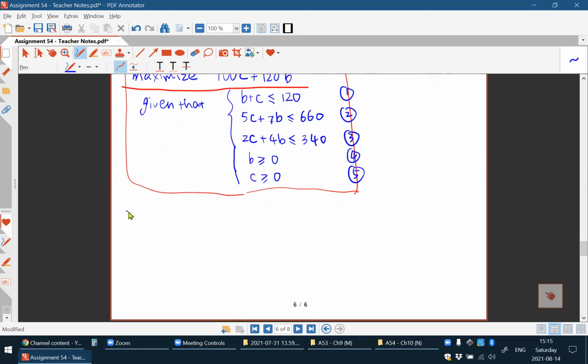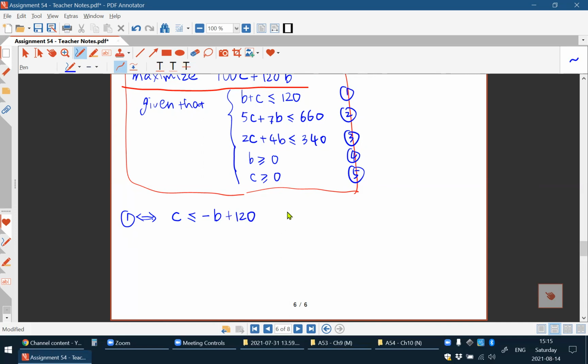Okay, first, the inequality is equivalent to, let's separate B and C, right? Actually, C can be regarded as Y, B is X, or you can change the order. It does not matter, right? So let's say the first inequality is equivalent to C is less than or equal to minus B plus 120, right?